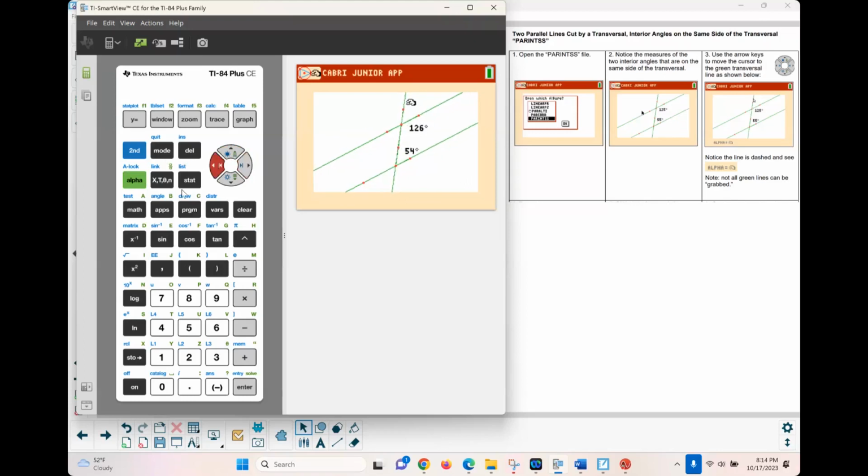Okay, so I'll press clear to ungrab the line. And let's show that they add up to 180, and even when I change them, they still add up to 180. So to do this, I'm going to go to the graph F5 menu, because calculate is in that F5 menu. By the way, I'm going to give you a sheet with all the menus on it and some key ideas.